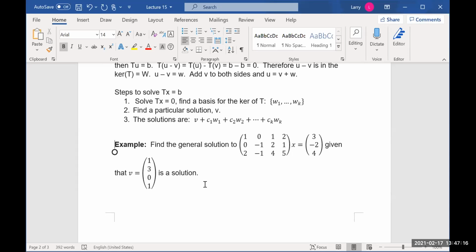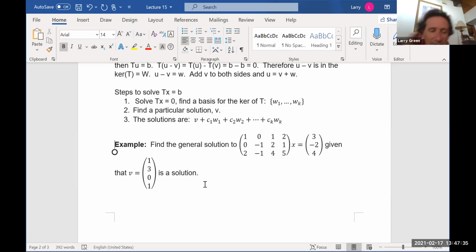So we have a basis for the null space, and we have V. The solution will be V plus C1 times the first vector of the basis plus C2 times the second, right? Exactly. Did you get it?